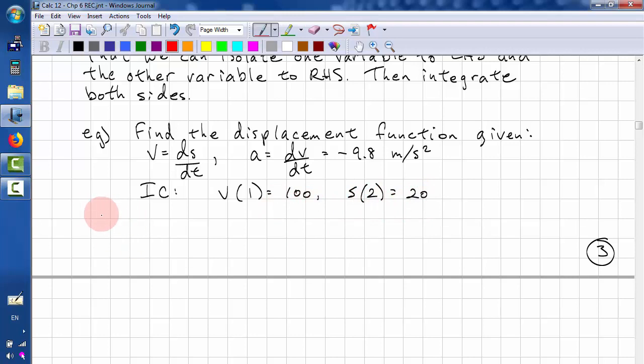We know that V prime of t is the acceleration. That's dv dt, and this is negative 9.8. So the trick here is to use the highest order derivative.